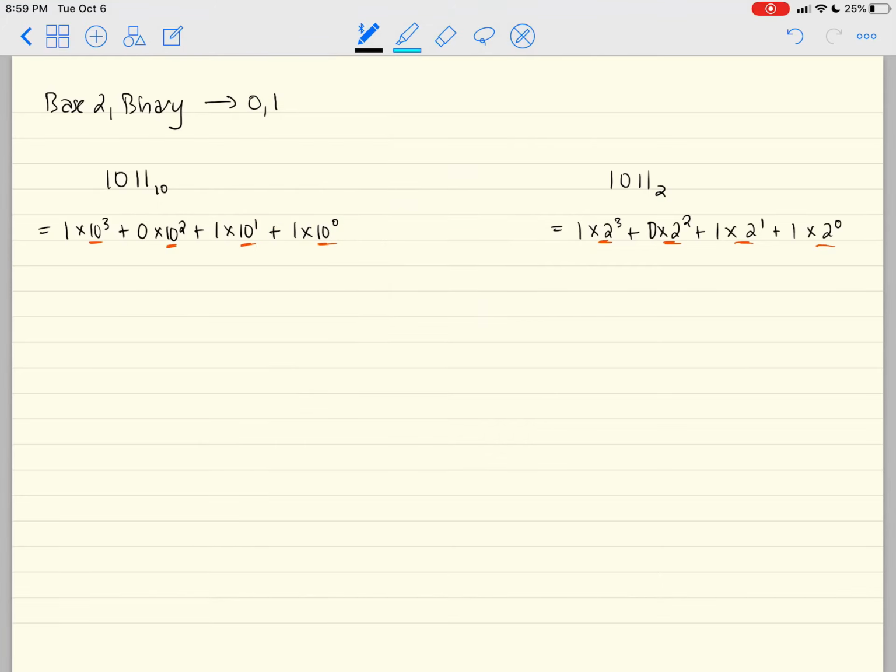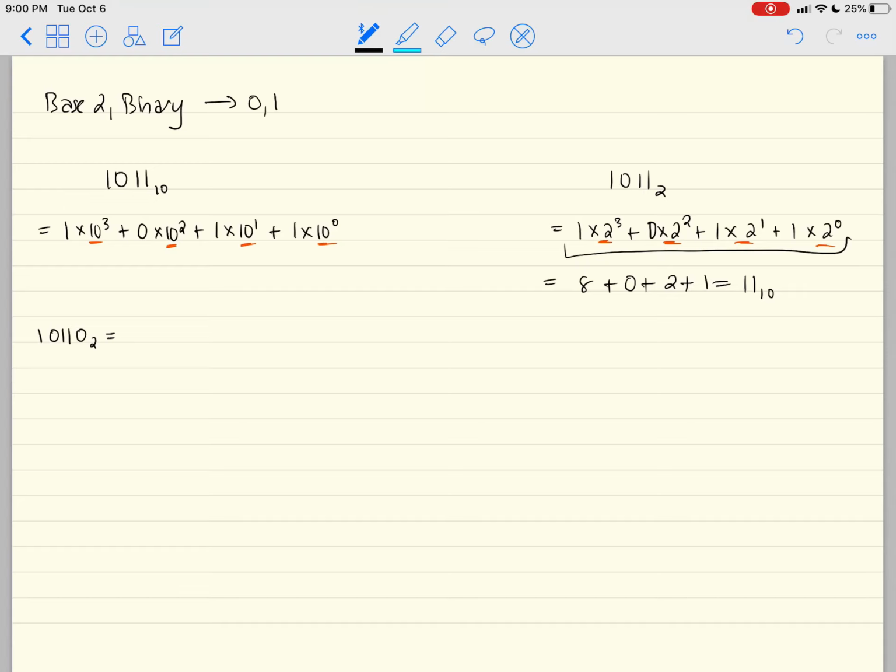This is the similarity between the systems. If I wanted to know what this number equaled in decimal, I would plug this expression as is into a calculator, or do it in my head. This is 8 plus 0 plus 2 plus 1, otherwise known as the decimal number 11. So we will practice this conversion from binary back to decimal.